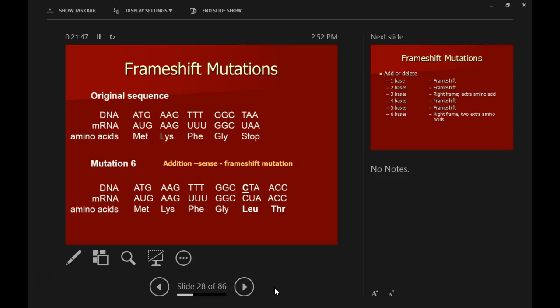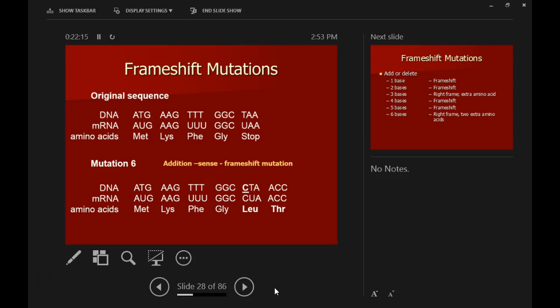So a sense mutation is when you change a stop codon to an amino acid, and you end up with a much, much longer protein. And that's why we call it a sense mutation. And as you can see, everything has shifted one space to the right, so we call it a frame shift.